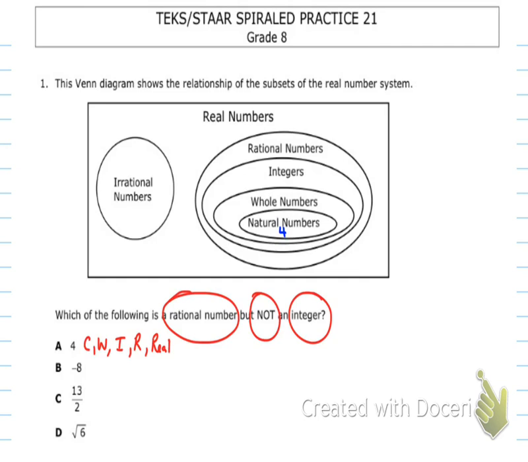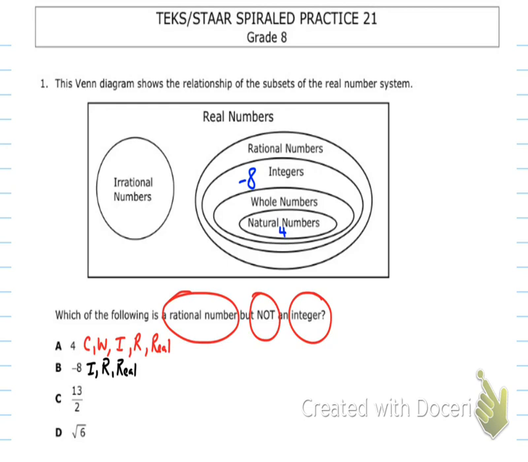So notice this one isn't going to work because it is rational, but it's also an integer. So I can't have that. I need something that's rational, but not an integer. So if I go to -8, well, -8 lives over here in integers. So it's an integer, which also makes it rational, which also makes it real. And I already have an issue because I didn't want it to be integer.